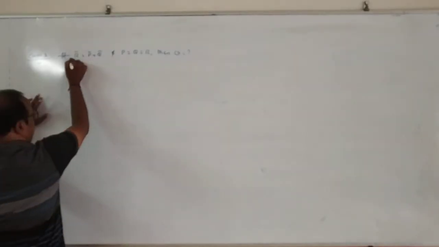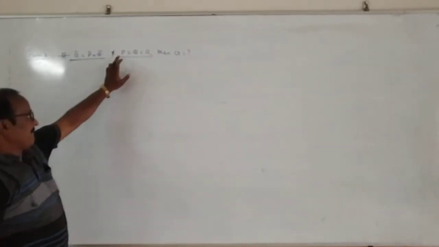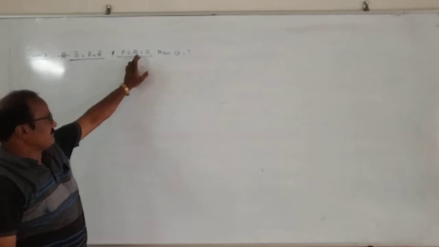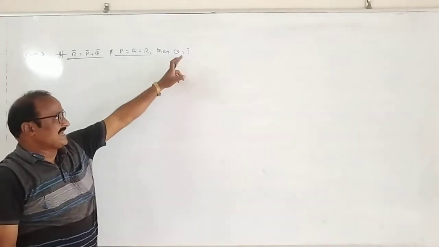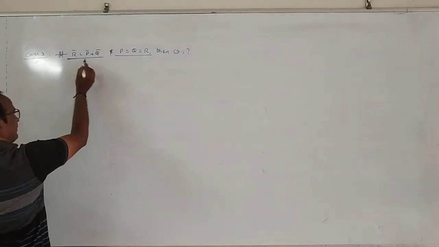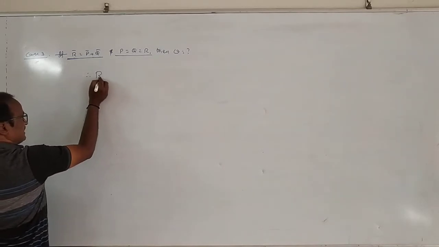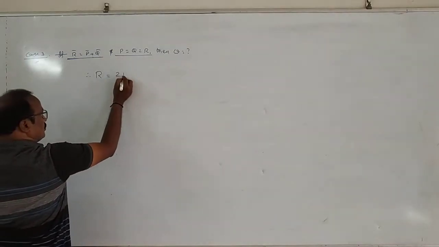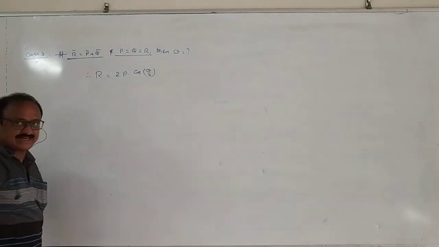R bar is equal to P bar plus Q bar, and the magnitude of both the vectors is the same and equal to the magnitude of the resultant. What is the angle between the two vectors? Suppose R bar is P bar plus Q bar and P is equal to Q, we derived the formula R is equal to 2P cos theta by 2.